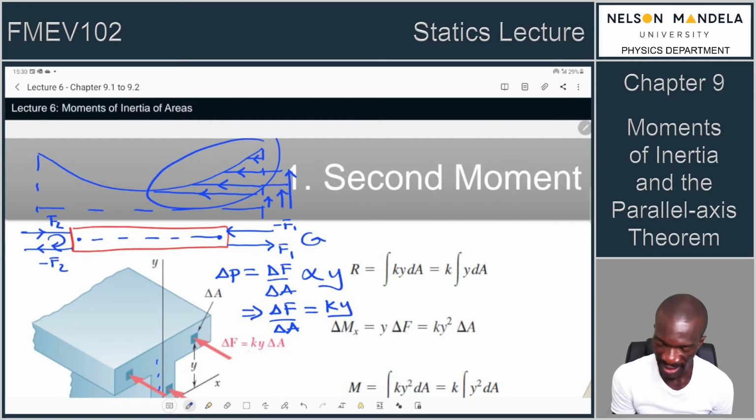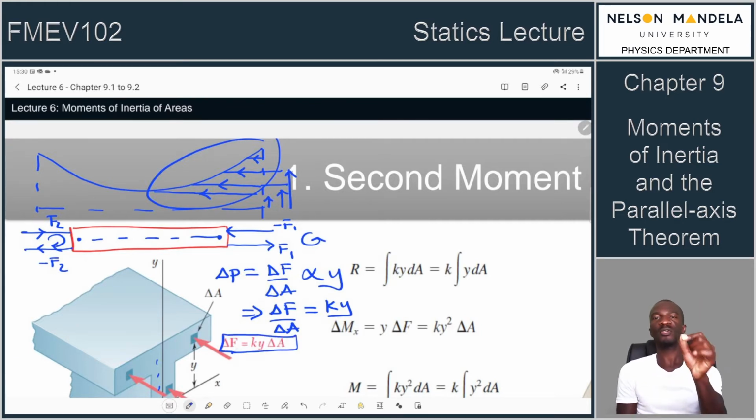And if we rearrange the equation, we will see that your small force contribution is a function of height y from some axis and cross-sectional area of the area element.